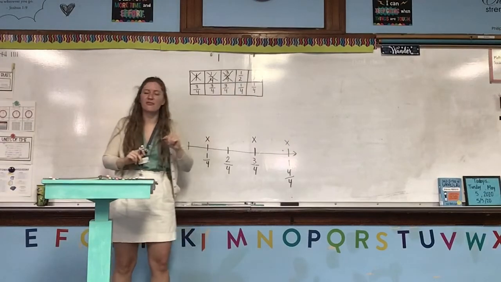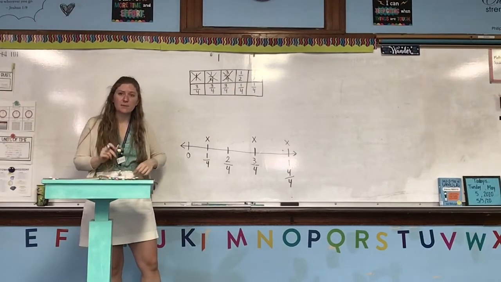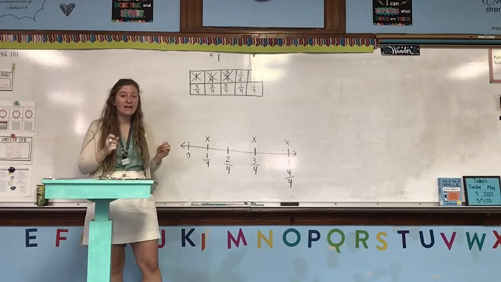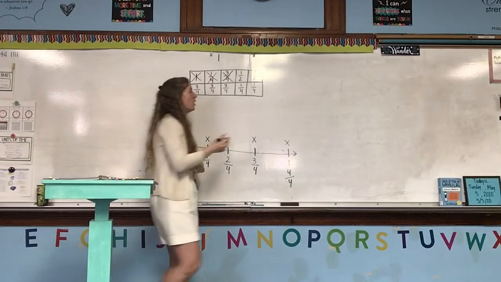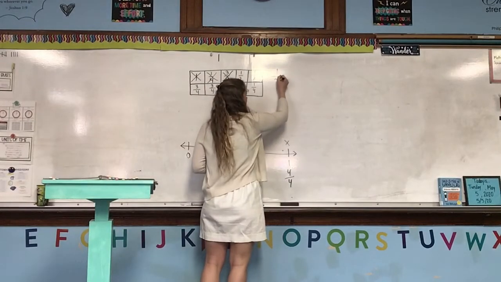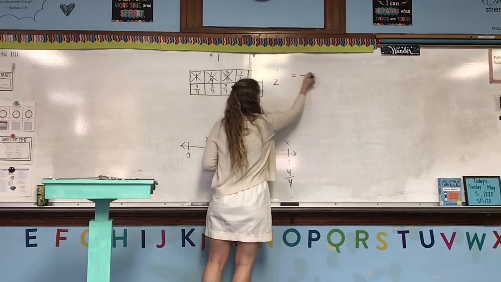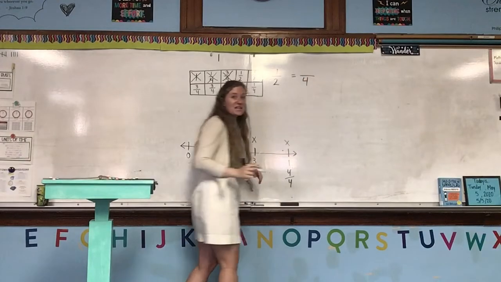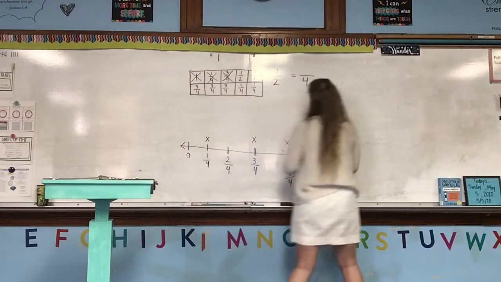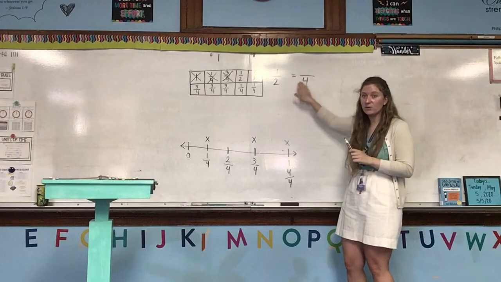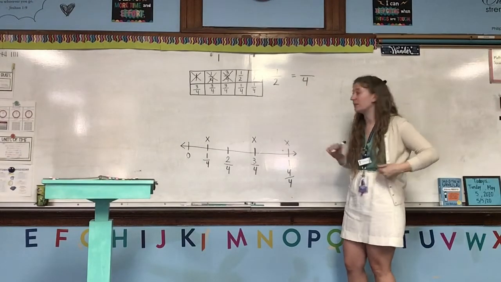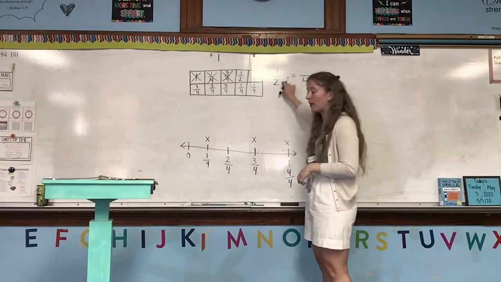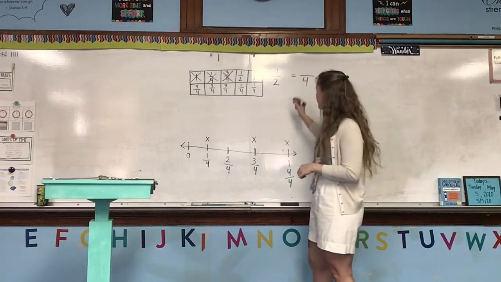1/2 and 1/2. Well, those aren't set up like fourths. So what I have to do is get them to have a denominator of 4, which I know all I have to do is find an equivalent fraction that has 4 as the denominator. So 1/2 equals something with 4 as the denominator. Well, I know from doing equivalent fractions that I just figure out what I have to multiply the numerator and the denominator by.